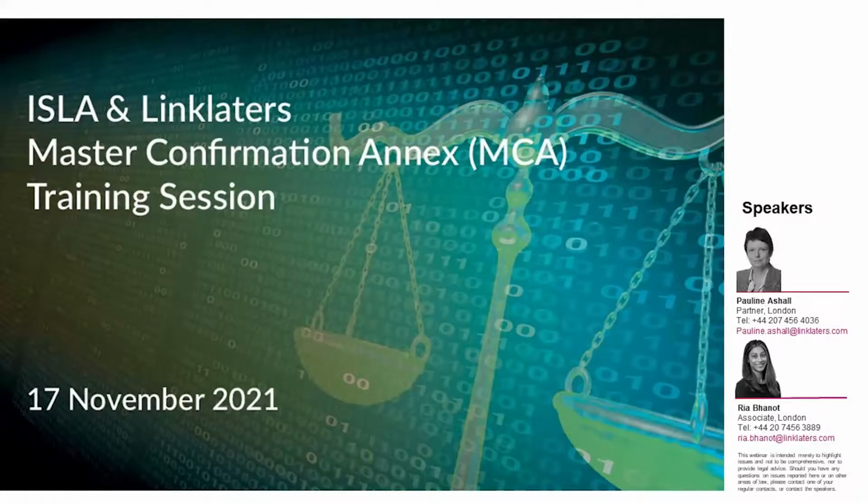And this is not something that you need to specifically elect for in the confirmation. This is something that will apply. By contrast, the rest of Section 5 is dealing with things that will only apply if chosen by the parties in the confirmation.